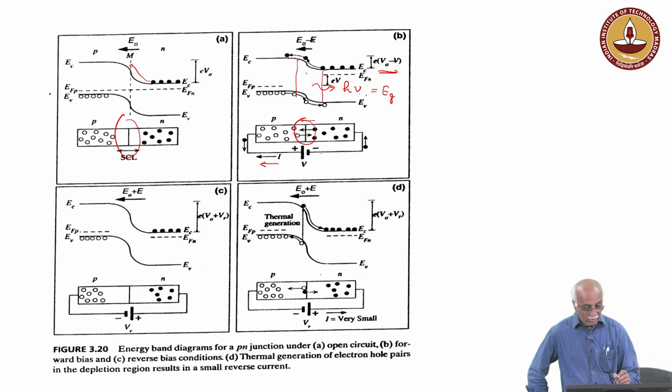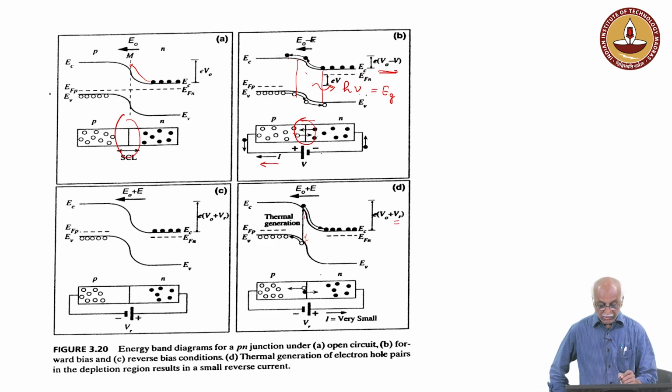On the other hand, if we see the thermal generation, sometimes what happens is that because of the temperature rise, that type of thermal generation allows electron hole pair combination to take place, and because of that a small reverse current is also generated.